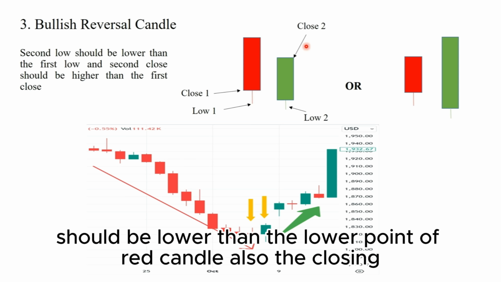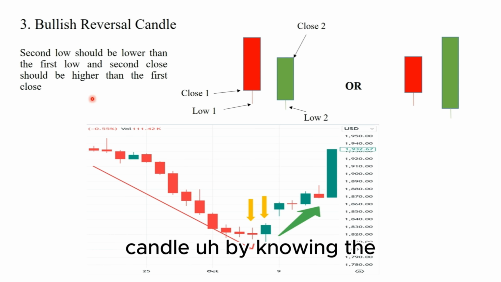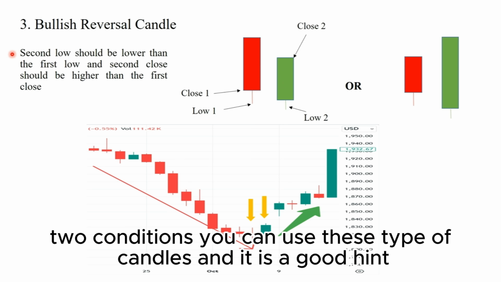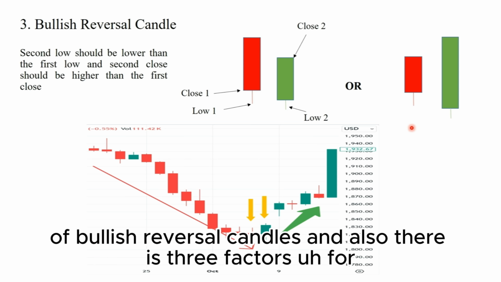Also, the closing point of the green candle should be higher than the closing point of the red candle. By knowing these two conditions, you can use this type of candle, and it is a good hint that the downtrend is going to change to an uptrend. And this is one other type of bullish reversal candle.